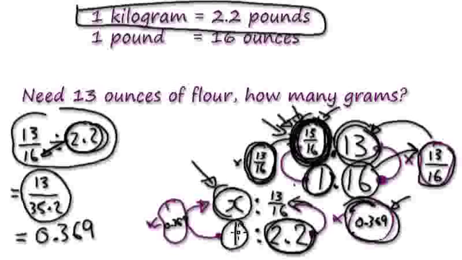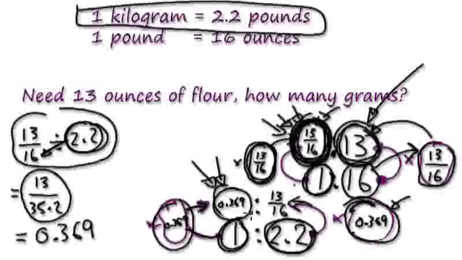So now we start at the 1 times this thing, and that would take us into the x. So 1 times this, x here would be 0.369. So this is our kilograms. We started at 13 ounces, and now we've got this much.